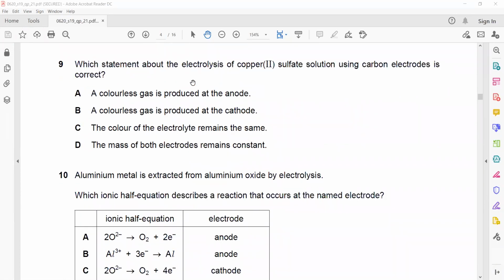Which statement about the electrolysis of copper sulfate solution using carbon electrodes is correct?